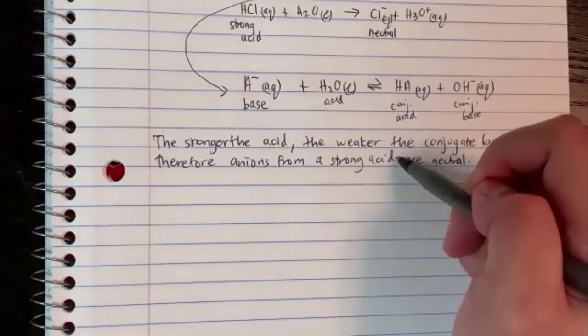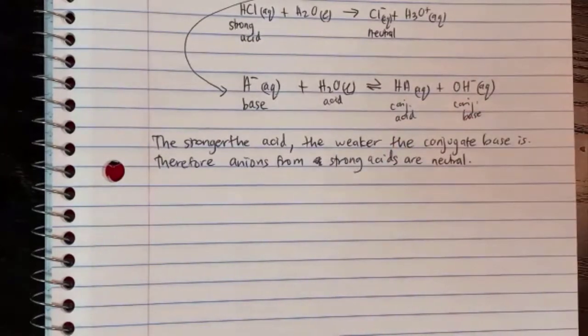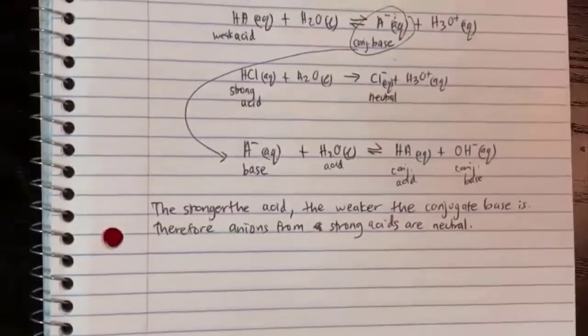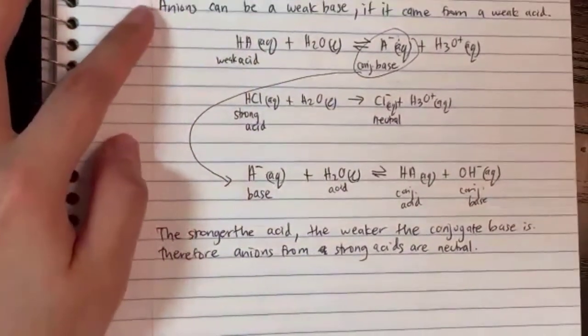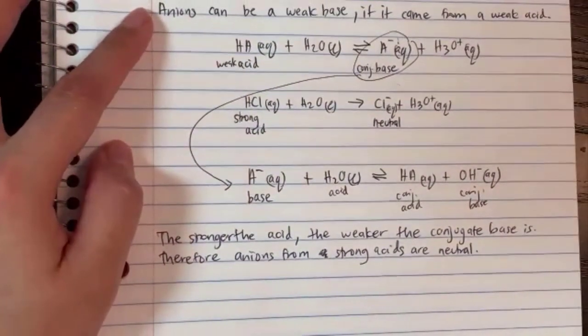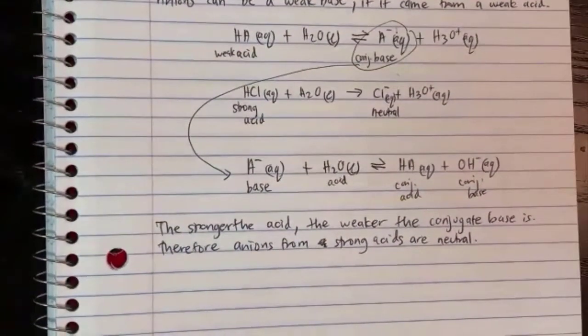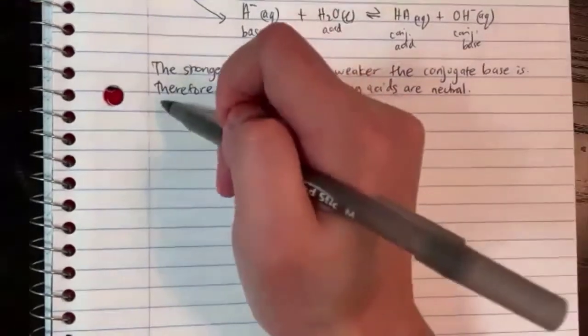It's really anions from strong acids, so let's cross it out here. So you have to remember, this is why chloride here is neutral. And anions from a weak acid can actually have basic properties. So let's try to see some examples.